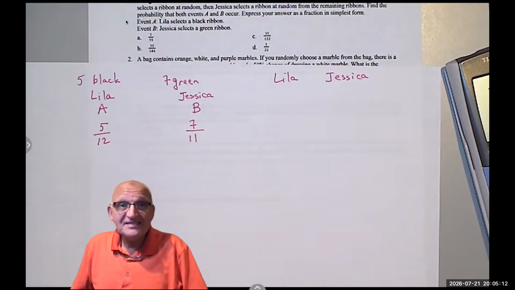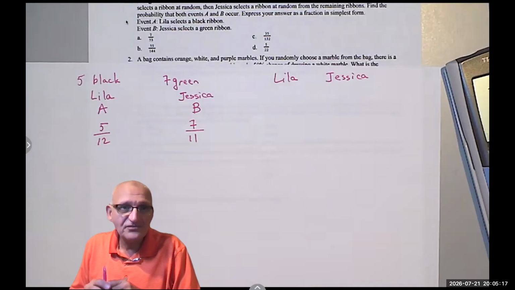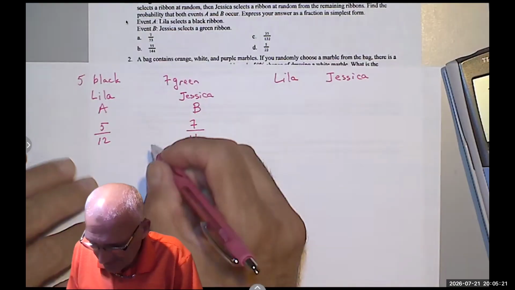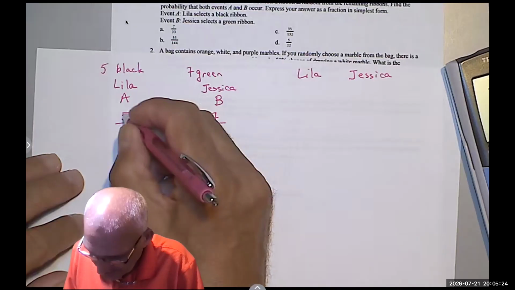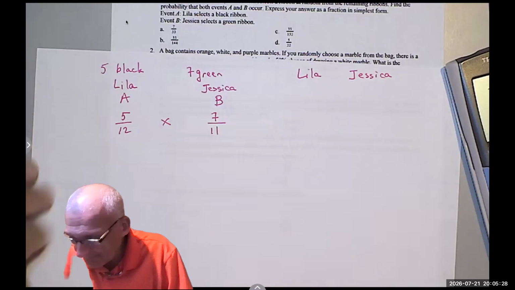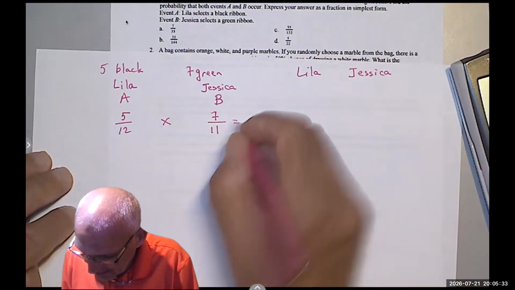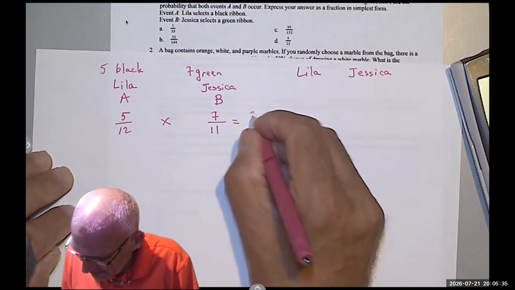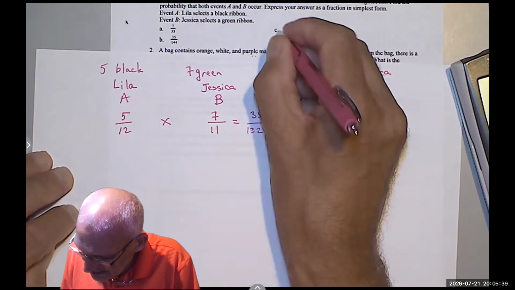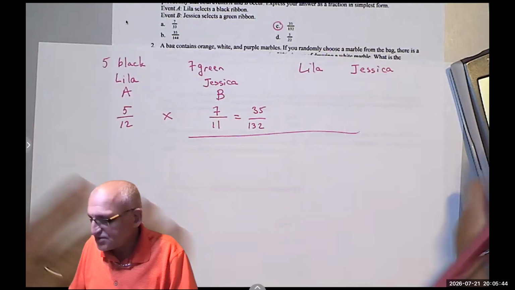To find the probability that both occur, because these two are independent of each other, meaning they have nothing to do with each other, I multiply them. 5 times 7 is 35, and 12 times 11 is 132. That's basically answer C. That's pretty straightforward.